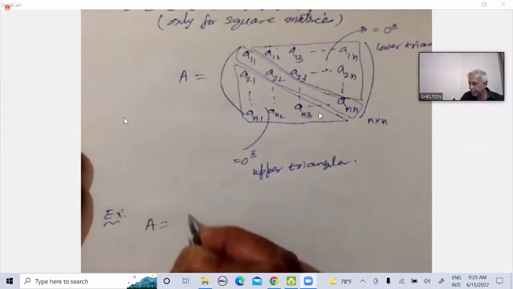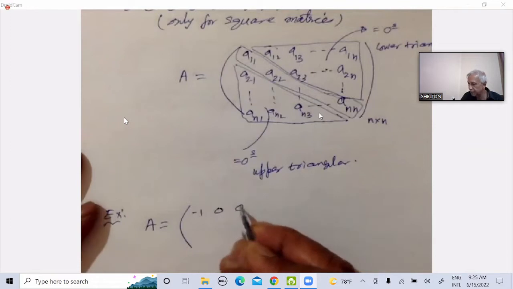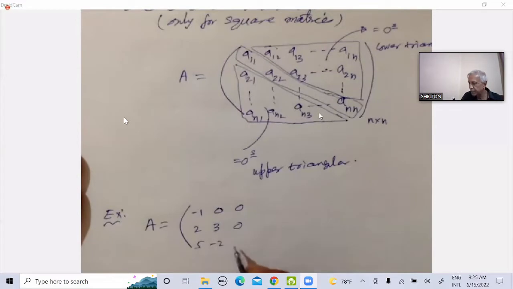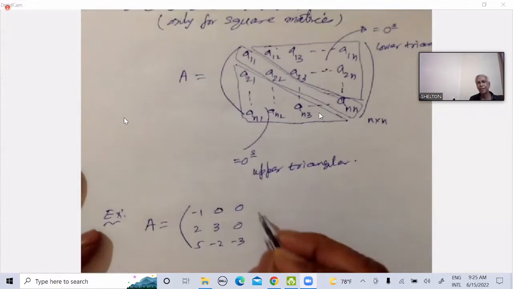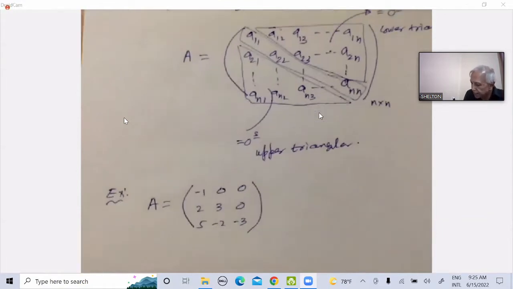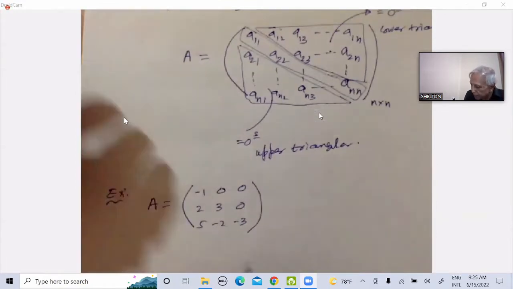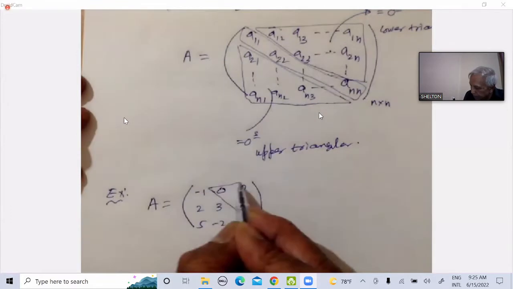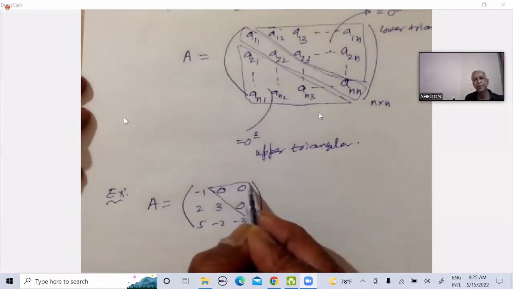Let A be, say, -1, 0, 0, 2, 3, 0, 5, -2, -3. Look at this, this is the main diagonal. The upper triangle consists of zeros.